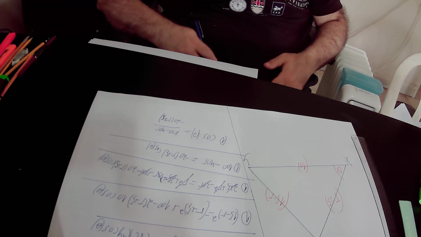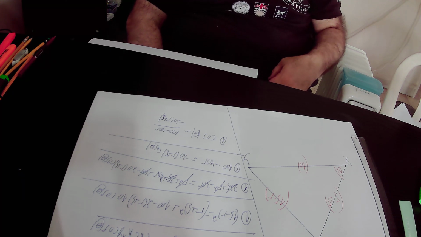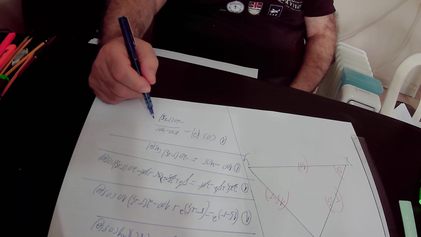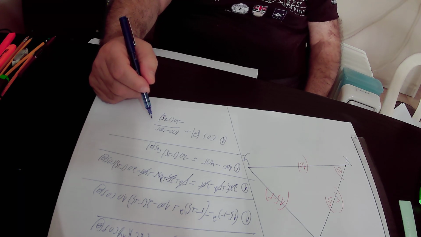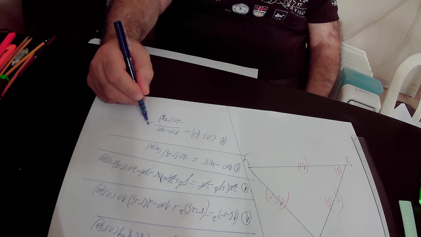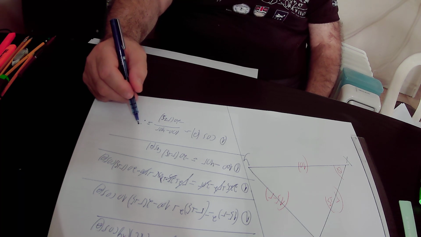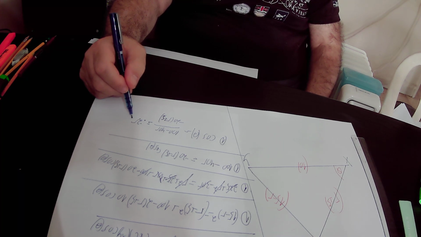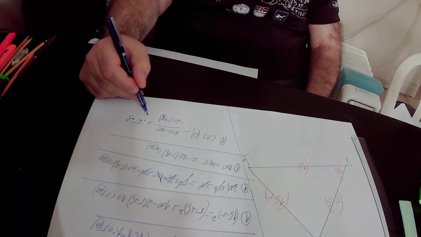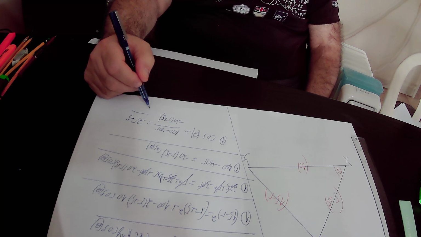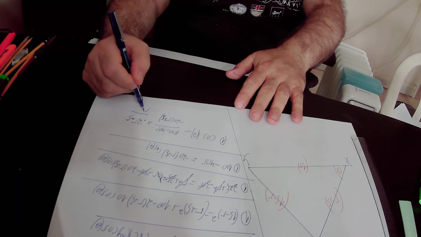So here we will divide both the numerator and the denominator by minus 20, and we get that minus 40r over minus 20 is 2r, 100 over minus 20 is minus 5, and in the denominator minus 20 over minus 20 is 1, so here we will have r plus 5.